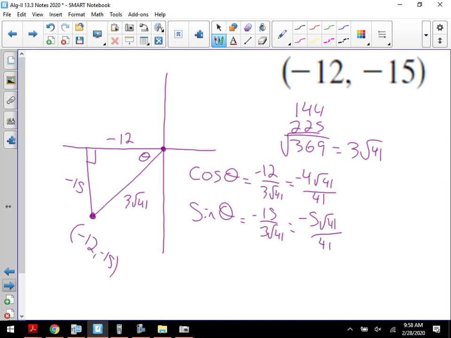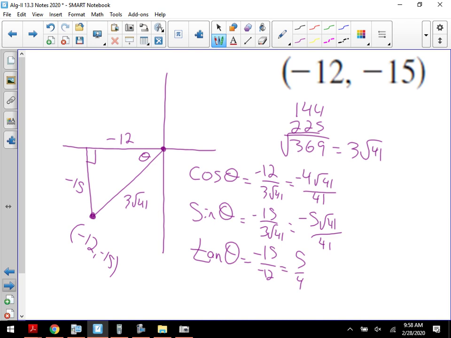What's tangent? Opposite over adjacent. So, negative 15 over negative 12. That's 5/4. We okay with that? Yes.